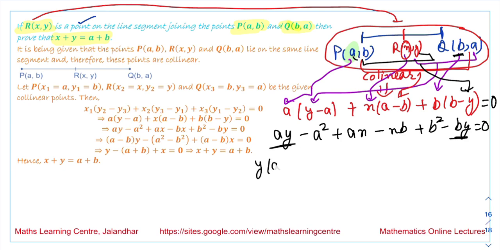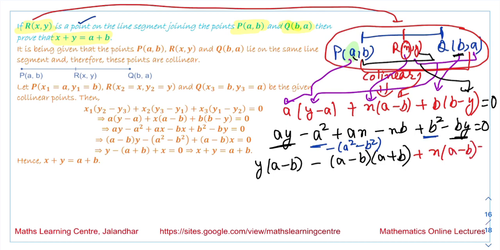So y we take common, we are left with a minus b. Next we have minus of (a minus b) into (a plus b), that is minus of (a square minus b square), and the last term we will have is x common, and we will have a minus b, is equal to 0.